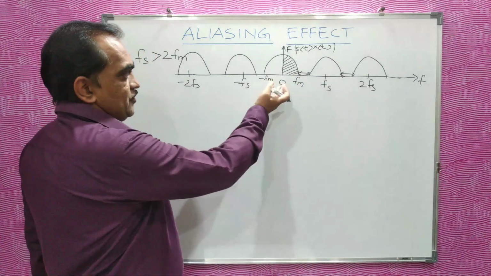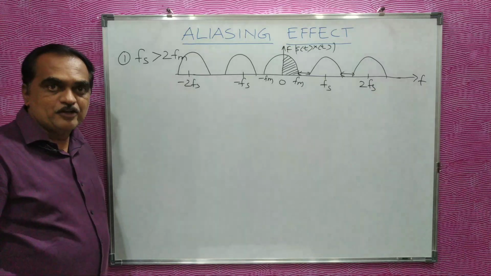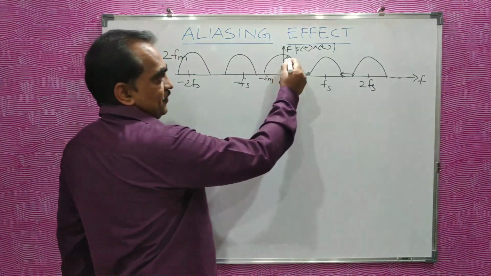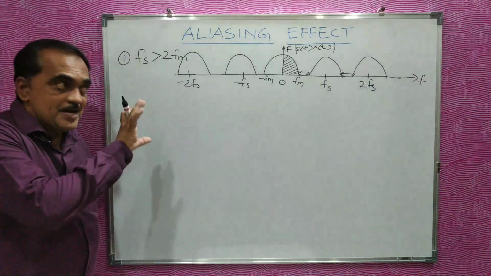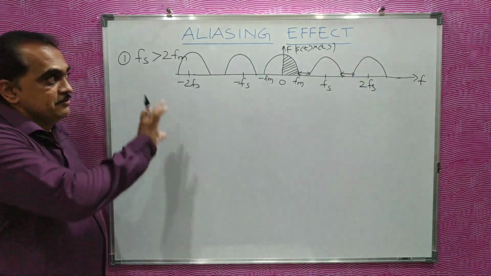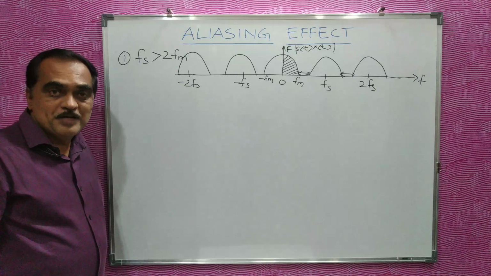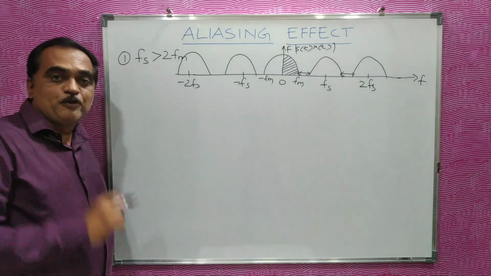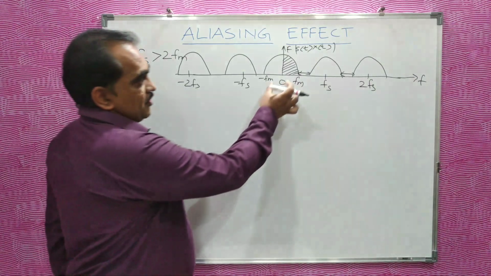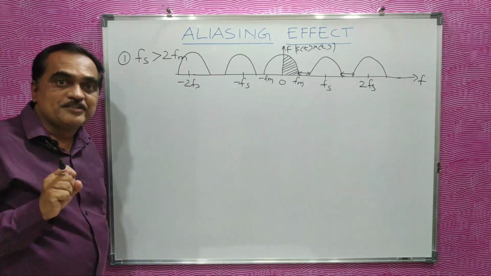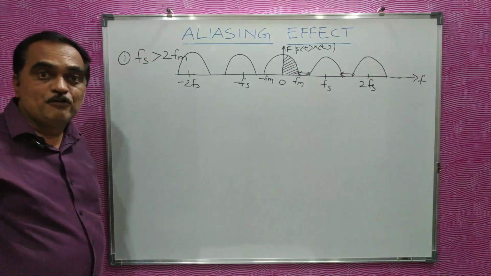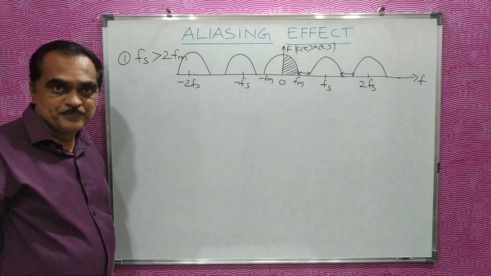You can also take 0 to minus Fm because it is a replica of that, but we will consider 0 to Fm. If you pass this frequency spectrum through a low pass filter whose cutoff frequency is Fm, then you can reconstruct the original signal back. This was our sampling of low pass signals that we studied.